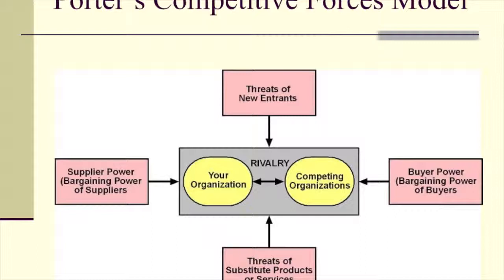Here it lists these five competitive forces which companies must face in order to survive. This is a pretty good chart that gives a good overall picture of what he is talking about. If you're not familiar with these, they are on page 48. You should know them. He talks about the threat of new competitors.